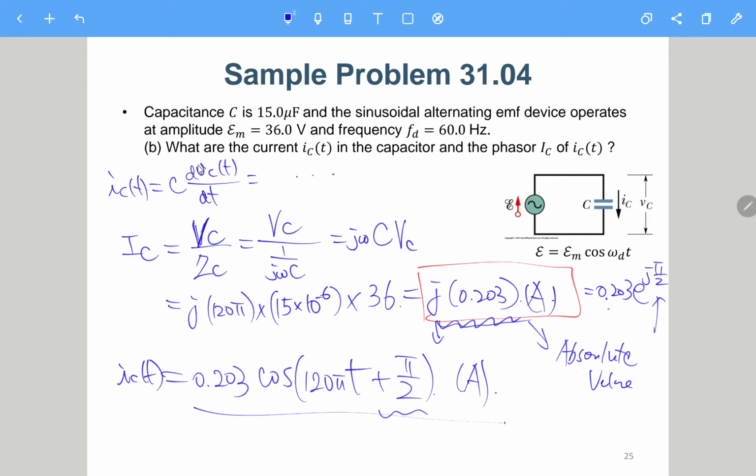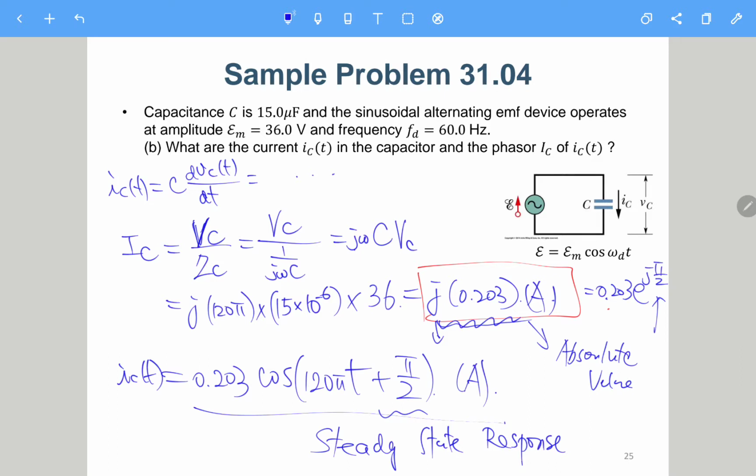Although the derivative may be more familiar to you, because you have learned calculus, in circuit theory they try to use the phasor to calculate the so-called steady state response for the sinusoidal input.